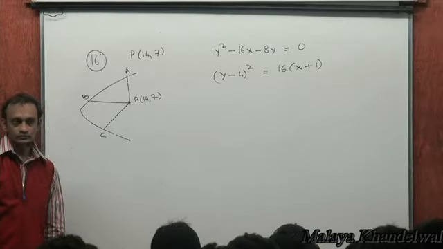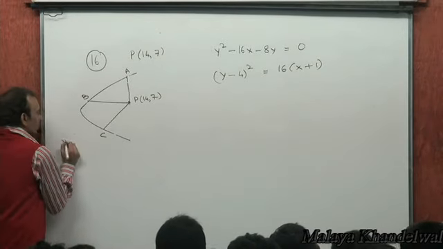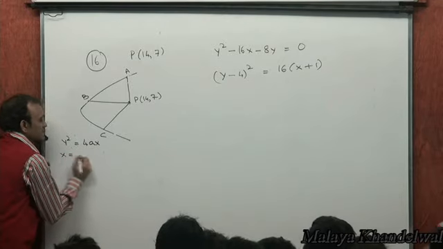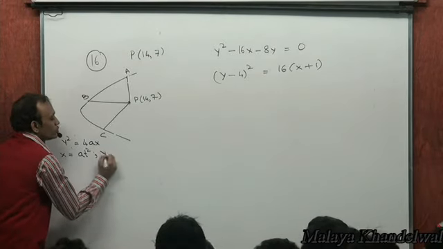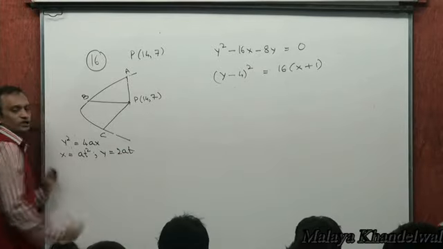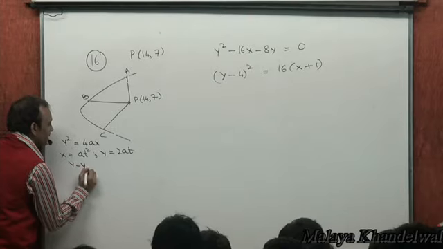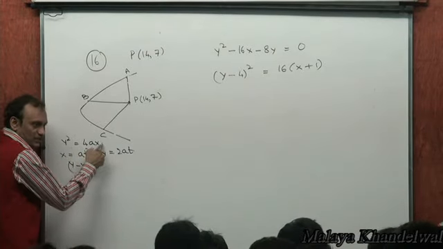Yes or no? Now, for this parabola y squared equal to 4ax, any point on this parabola is given as x is at squared, y is 2at. That's a parametric representation of any point on this parabola, right? However, if you have a parabola (y minus y1) whole squared equal to 4a(x minus x1), this is a parabola with vertex (x1, y1), not (0, 0).